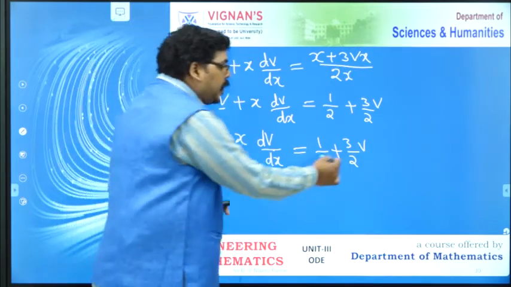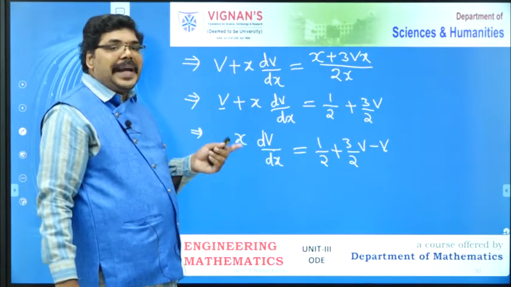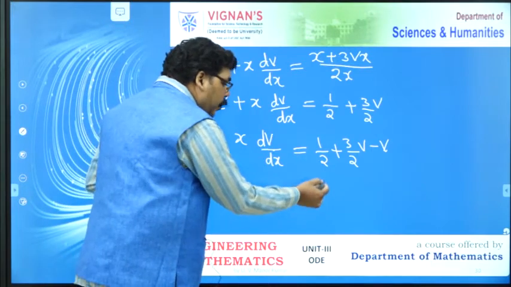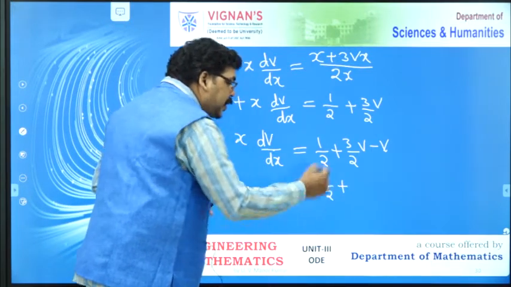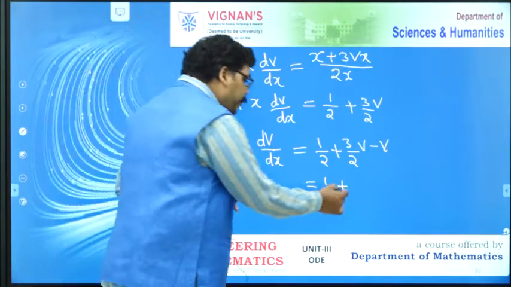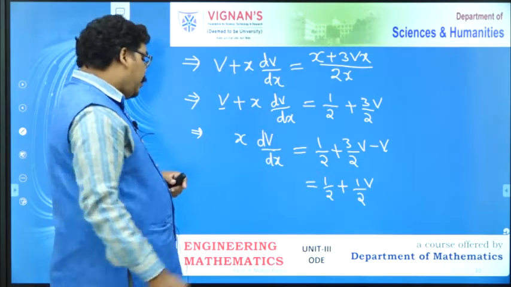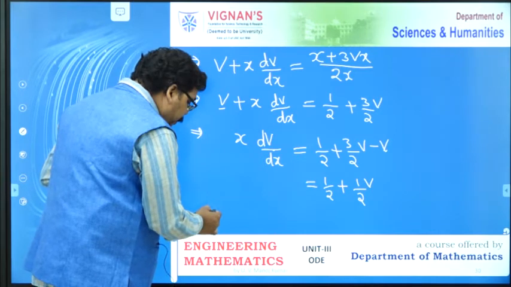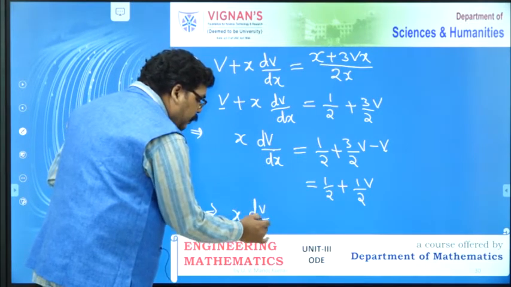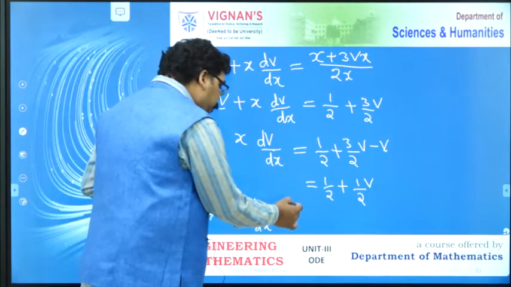If you bring this to the other side, it will become minus v. So 3 by 2v minus v, what is it? 1 by 2 plus 3 by 2 minus 1, that is 1 by 2. So you can write it as x into dv by dx equals v plus 1 by 2.